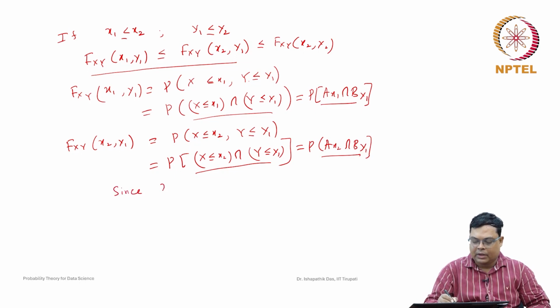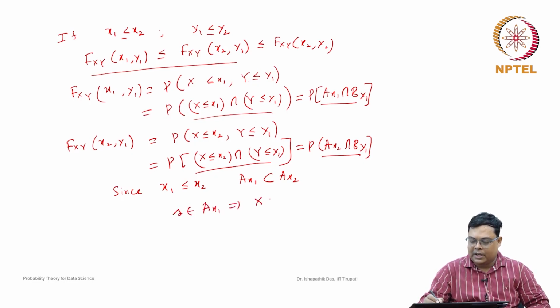Since x1 is less than x2, we have already shown that A_x1 will be a subset of A_x2. If they are equal, then these two sets will be equal, but if it is strictly less than, then any element s belonging to A_x1 means X of s is less than or equal to x1 by the definition of A_x1.